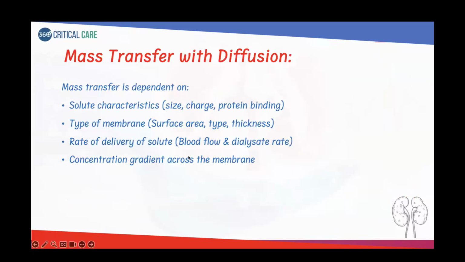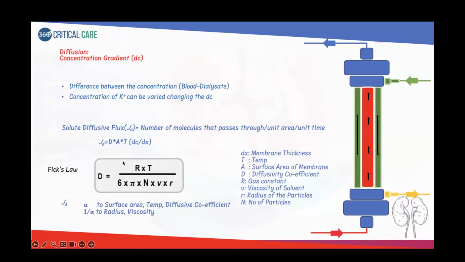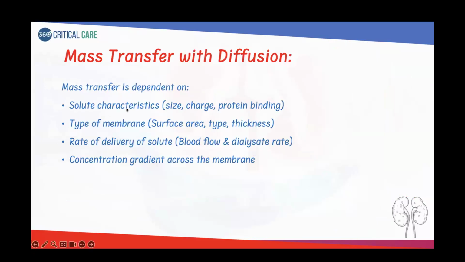Now, mass transfer with diffusion, as we saw, is dependent on solute characteristics, type of membrane, we talked about that, rate of delivery of the solute, and concentration gradient across the membrane. So these are the four important factors that determine this mass transfer, how much is coming out of the blood into the dialysate. It depends on the solute characteristics.